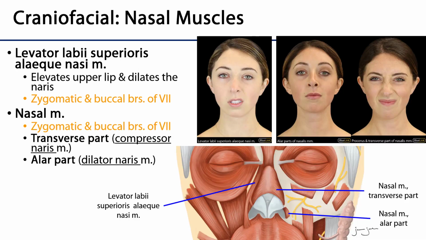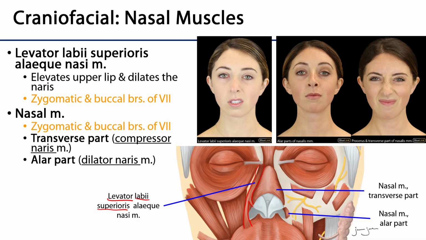Now, the nasal muscles, starting with one of my favorite facial muscles, the levator labii superioris alaeque nasi. So let me trace this muscle for you. This is going to blow your mind. So levator labii superioris, it's going to elevate the superior lip, which it does.